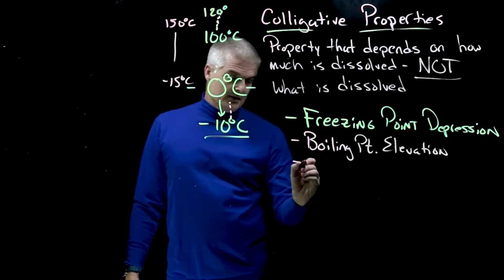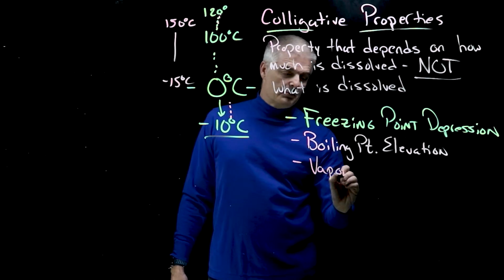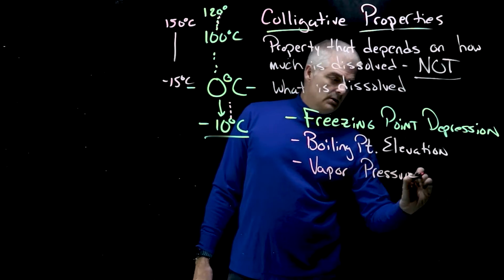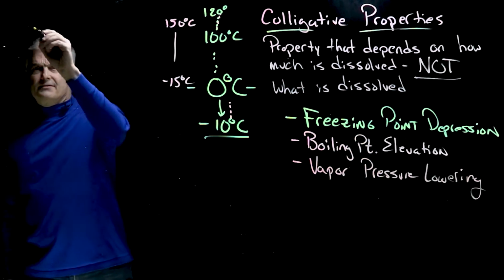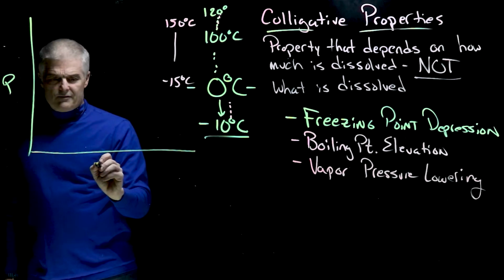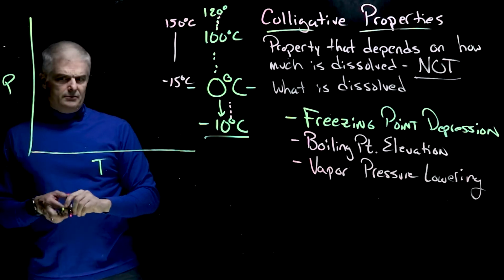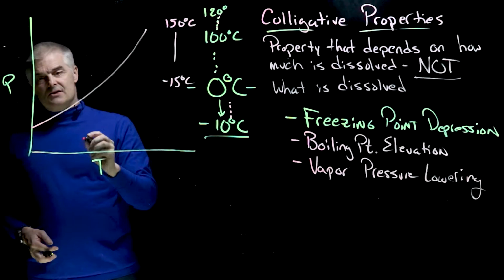And there's a third one, as it turns out, and the third one is actually the cause of the other. It's called vapor pressure lowering. Now, this is intriguing. I'm going to draw a graph. You may not be familiar with this, but there's a graph of pressure versus temperature of every chemical in the world. Water is a good example.